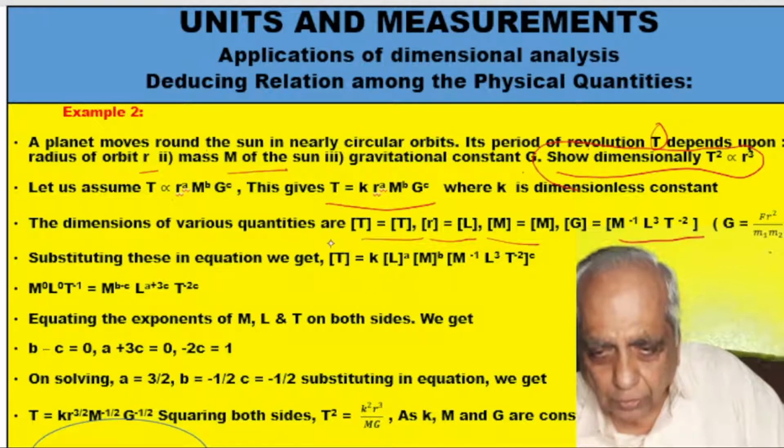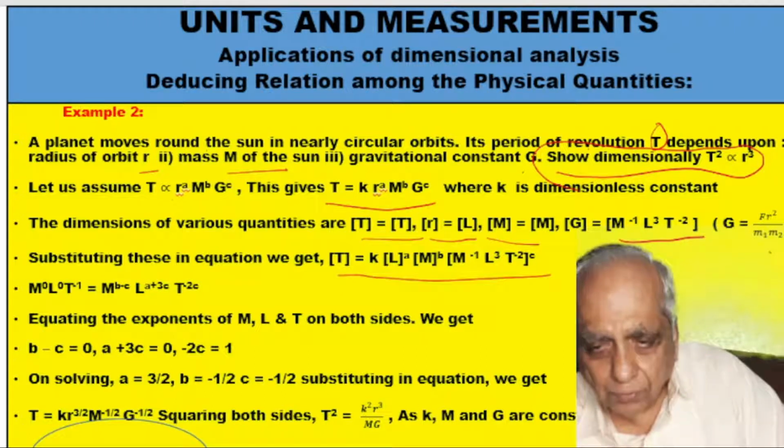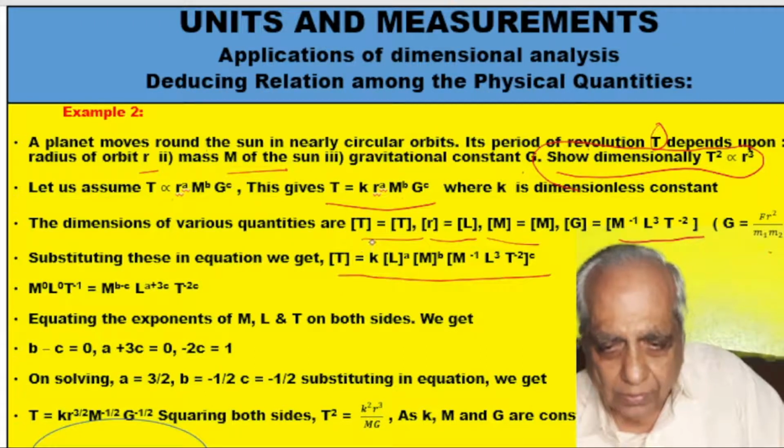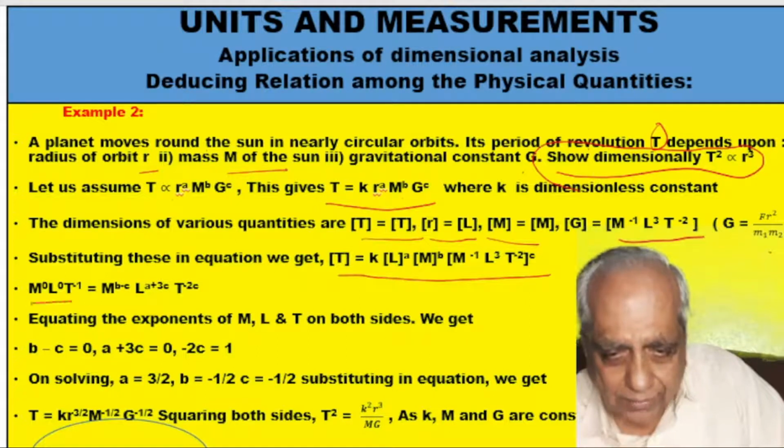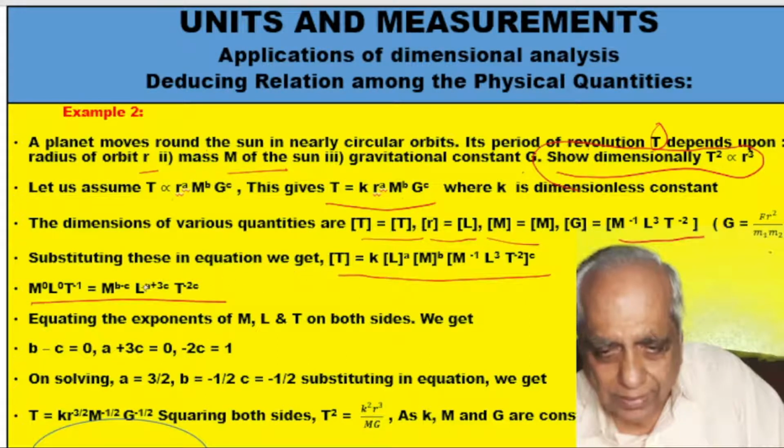When we substitute these values in this equation, I will get this as the answer. Now I will simplify this, and so I am getting this equation. Here I had only T, so it will become M0 L0 T raised to minus 1.